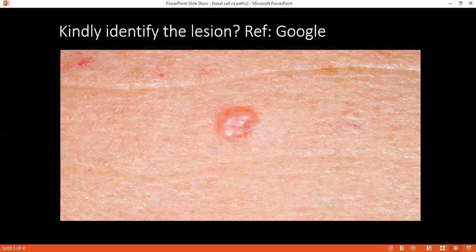Investigations: I will do a full blood count. I will do an ESR. I'll also do a biopsy, an excisional biopsy of the lesion. Once taking the biopsy for this lesion, what are the things that you will keep in mind?